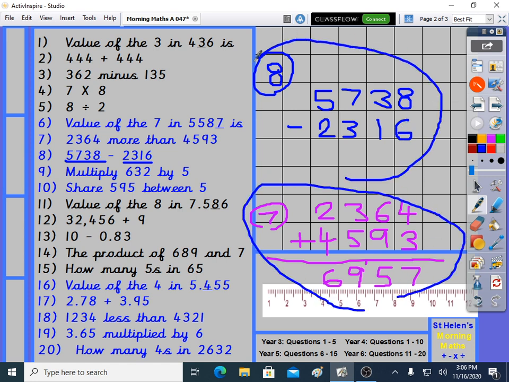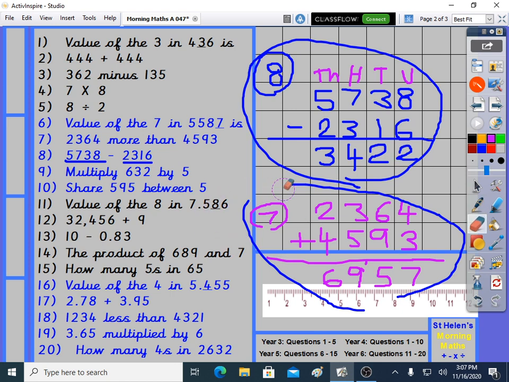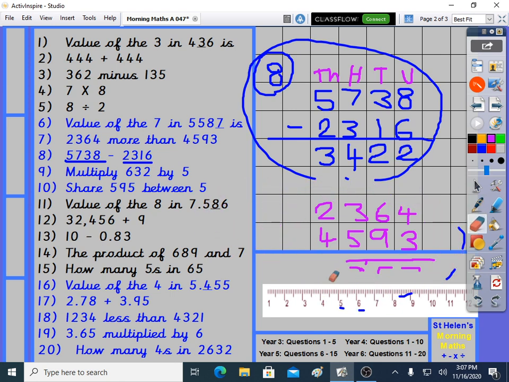In minus, the biggest number does have to be on the top. 8 take away 6 is 2. 3 take away 1 is 2. 7 take away 3 is 4. And 5 take away 2 is 3. What's this 3 worth? Just as an extra little question. Of course, it's worth 3,000. 3,422.